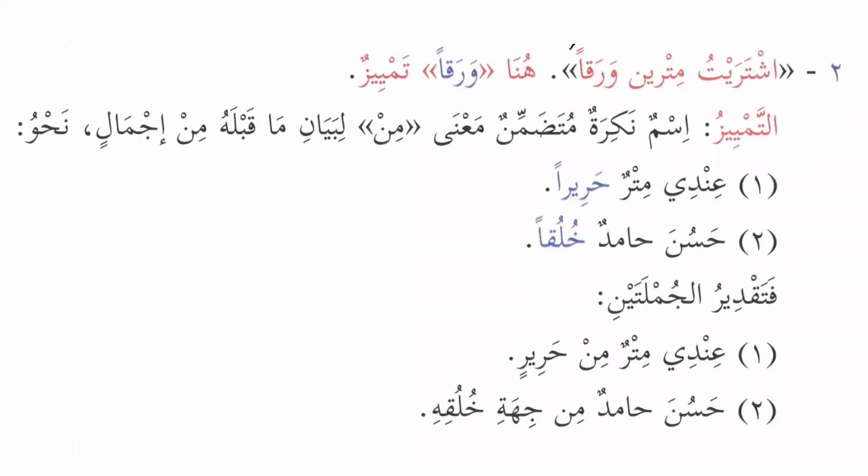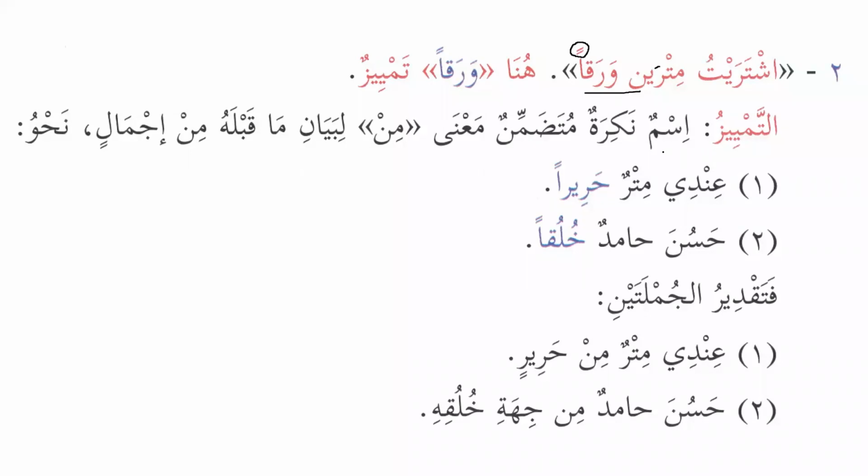So when we say ishtaraytu mitraini, I bought 2 meters, and now after that there is a bit of confusion, something that is not clear, ambiguity. So when you say ishtaraytu mitraini waraqan, then that ambiguity is clear now, and you say that I bought 2 meters of page. And huna, here, waraqan tamyizun. Waraqan is tamyiz.